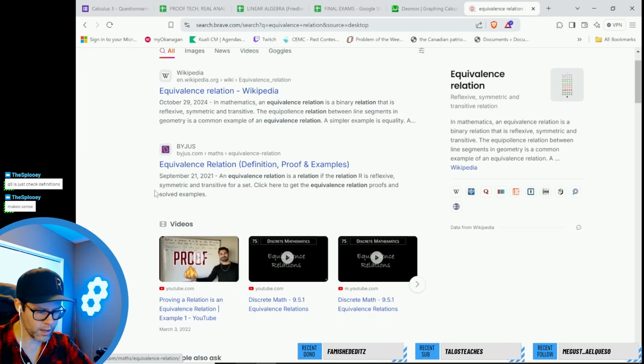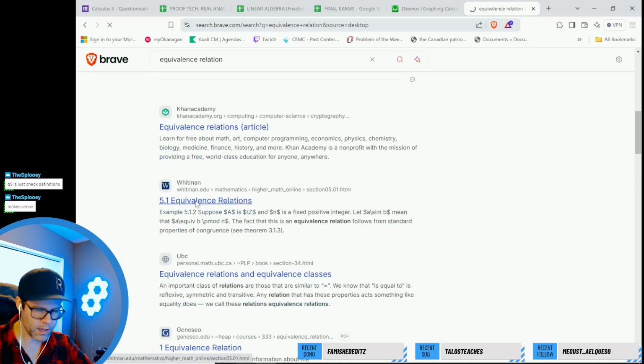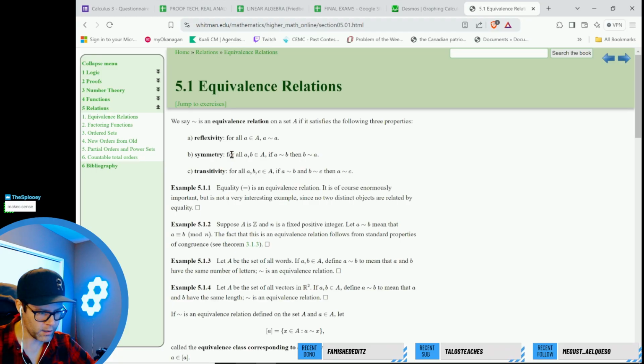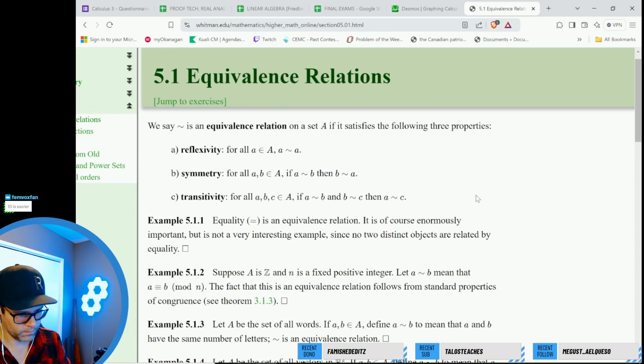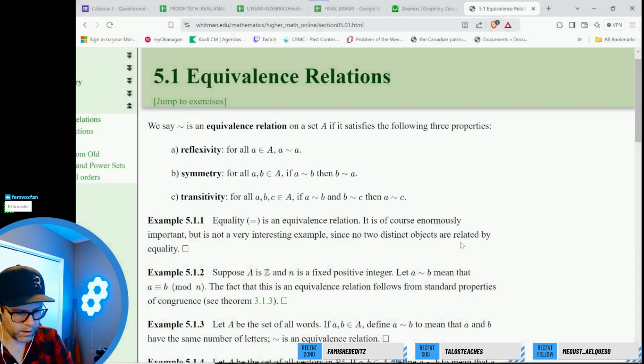Usually an equivalence relation has to satisfy a couple of different things, right? I think we need transitivity, reflexivity, and something else. I can't remember what it is. Symmetry, that's right. So let's grab the definition of an equivalence relation.